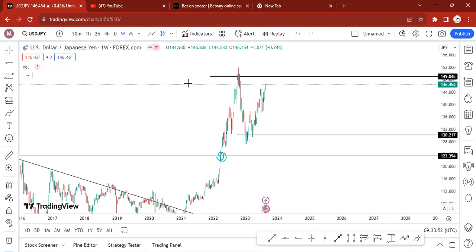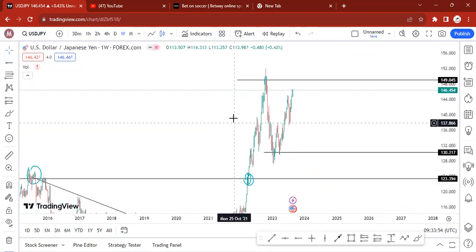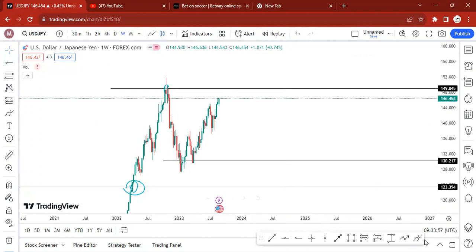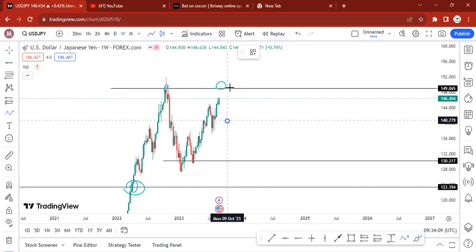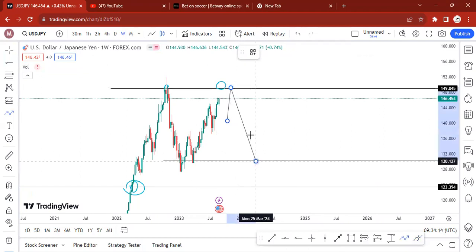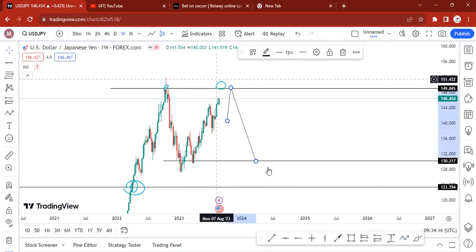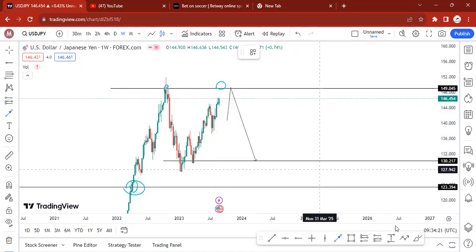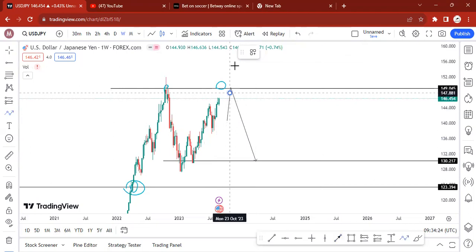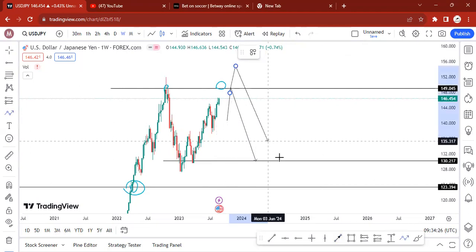Sorry for that. So now, as we are looking at this chart right now, we can see that we are gonna have some tension here. When price gets there, it's either going to retest this level and continue going down, or it's gonna break out for some stop losses and come back down.